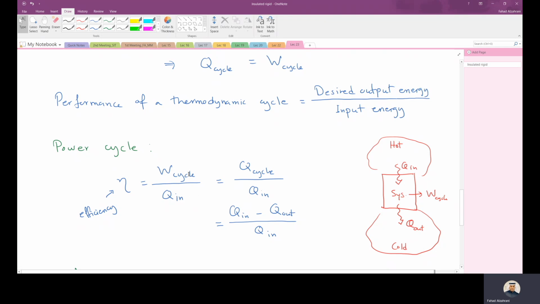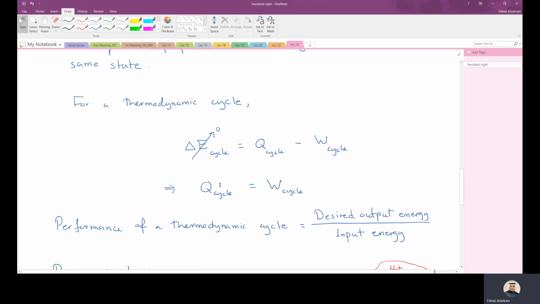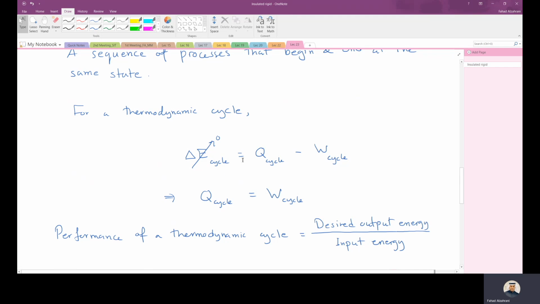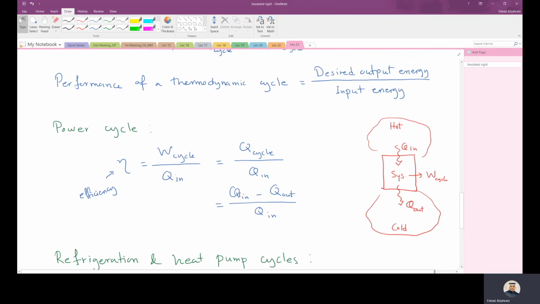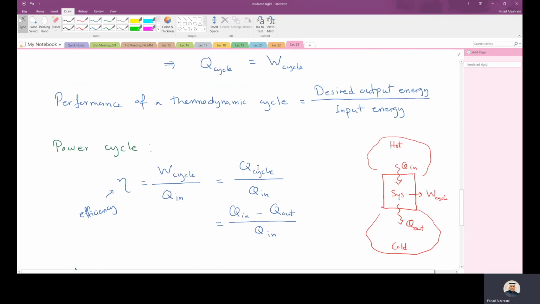So if you write, based on this first law of thermodynamics, or energy balance, the work of the cycle is equal to the heat of the cycle. So we can rewrite it as Q of the cycle. And what is the total Q of the cycle, Shabab? It's just a summation of heat transfer in or out of the system, right?